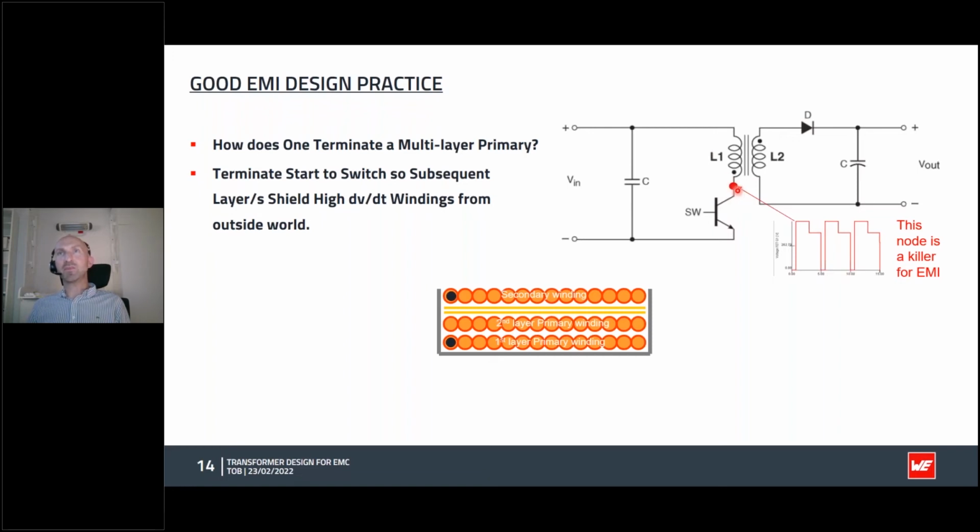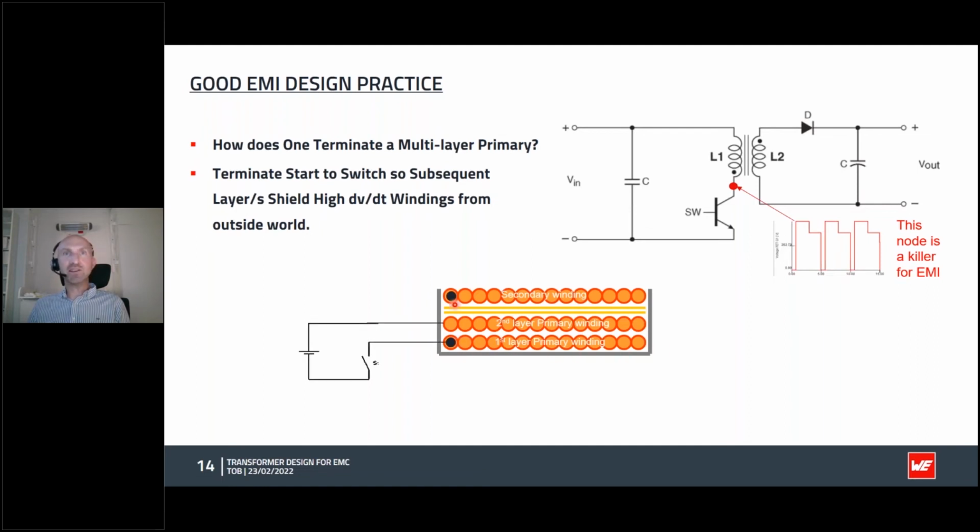If you ever are playing around with a sniffer probe, a little probe that can look at the noise on a switch mode power supply, and you zoom into the drain on the MOSFET, then you'll really see your noise going crazy when you put it up around this node. So this node, being the highest source of noise, is the most important one to control.